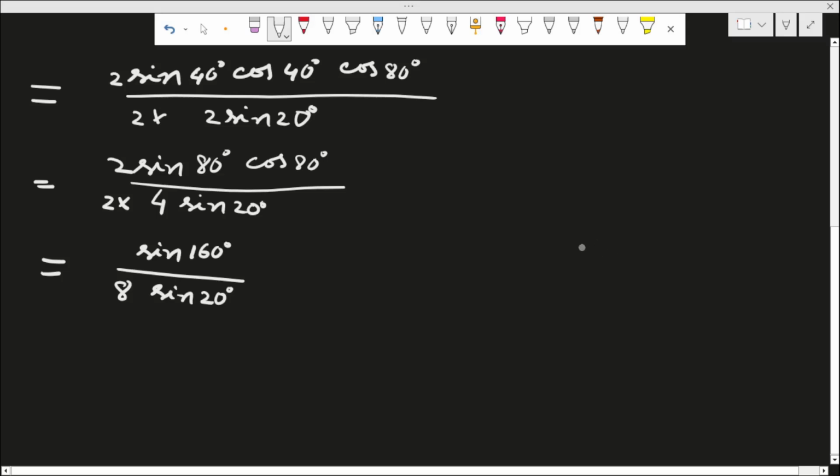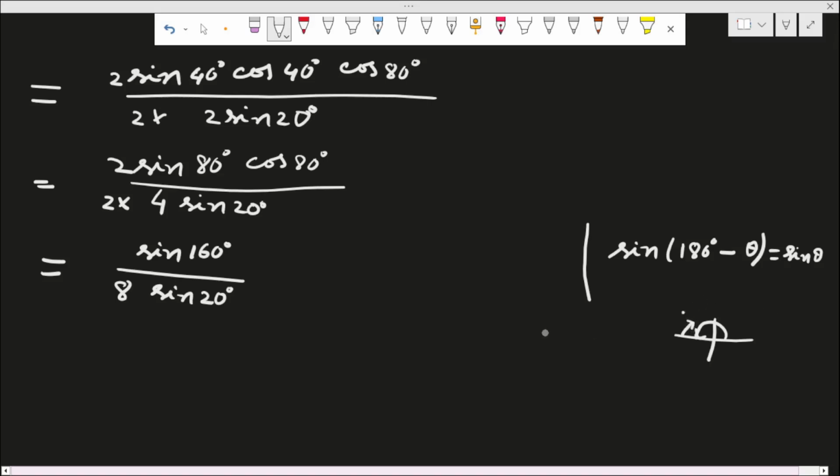So obviously we can use the formula sin 180 degree minus theta is equal to sin theta. In this case positive, because 180 degree minus theta is in the second quadrant, where sin is positive.